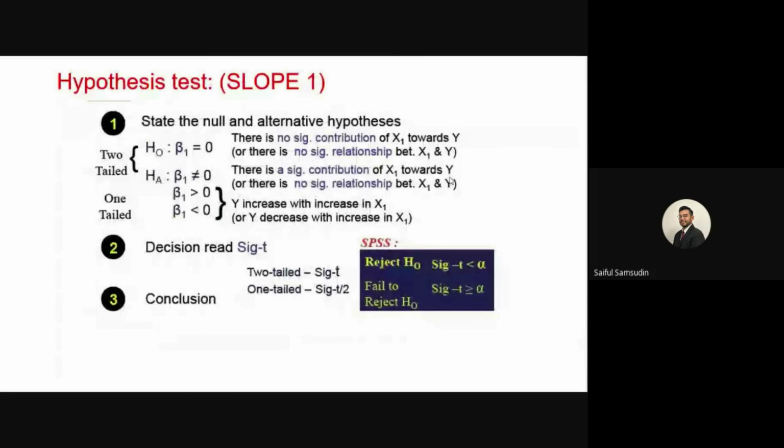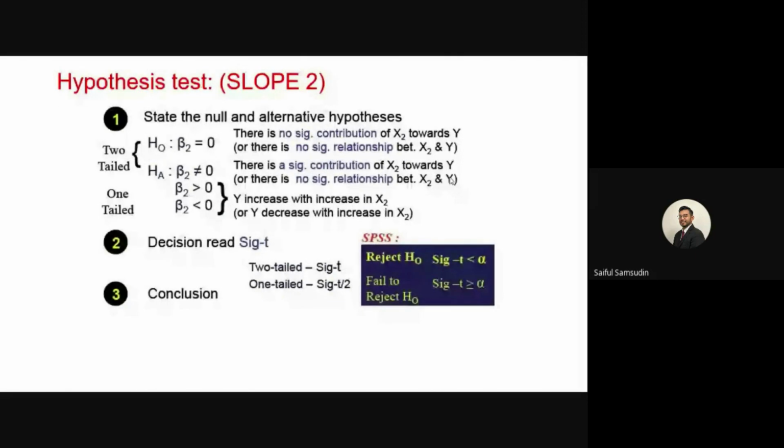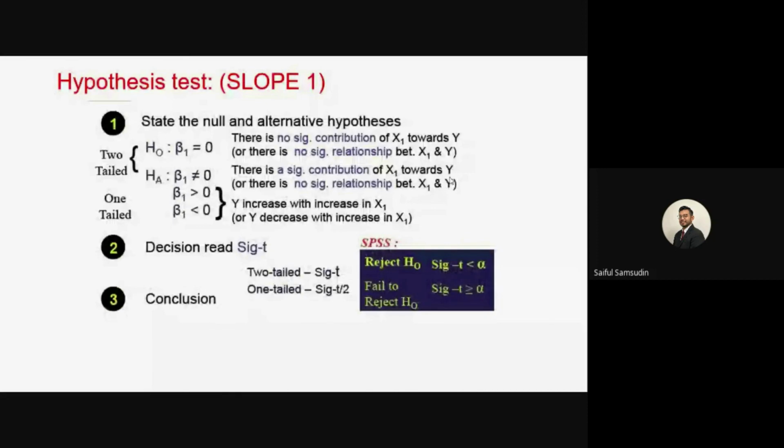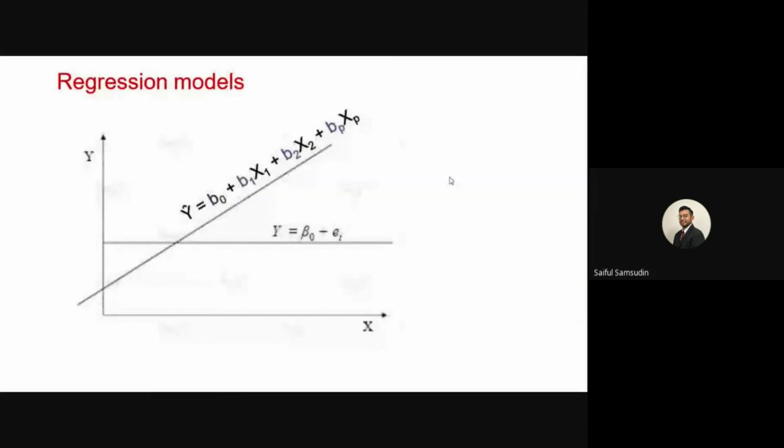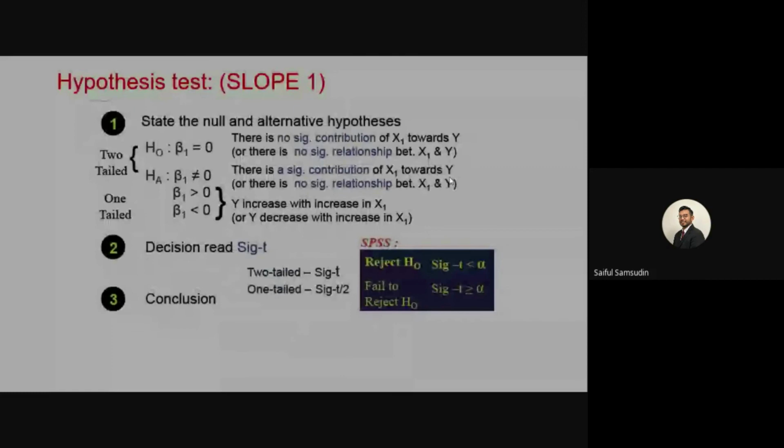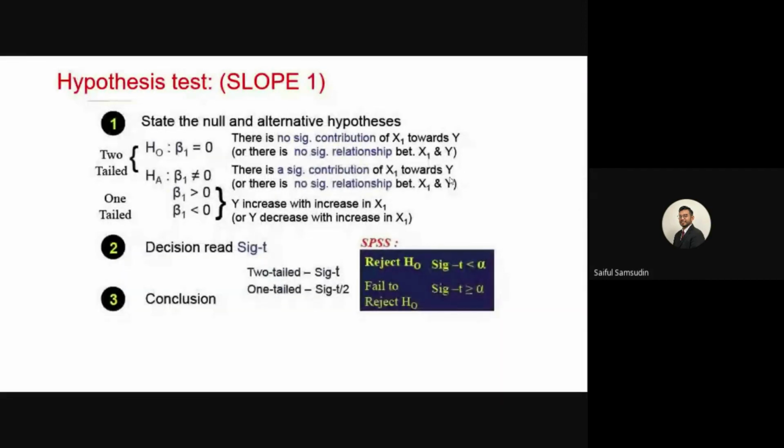It's the same with the t-test. If we use the t-test, it is the same: if the p-value is less than alpha, we reject H null, and if it is more than or equal to alpha, we fail to reject H null.